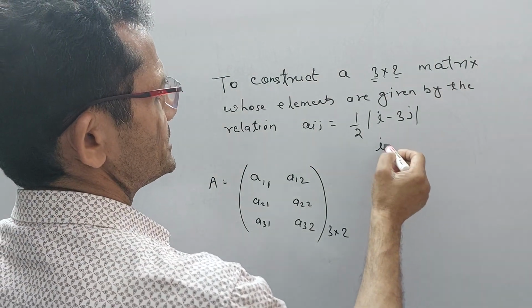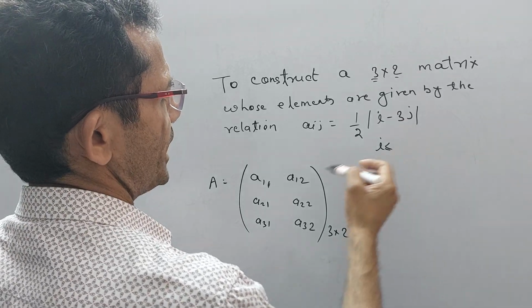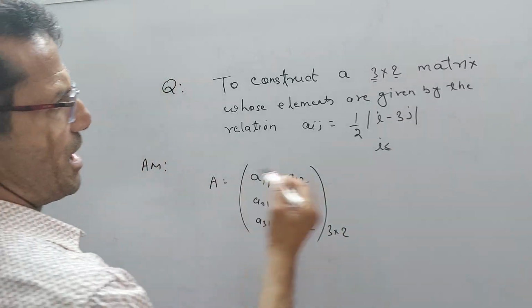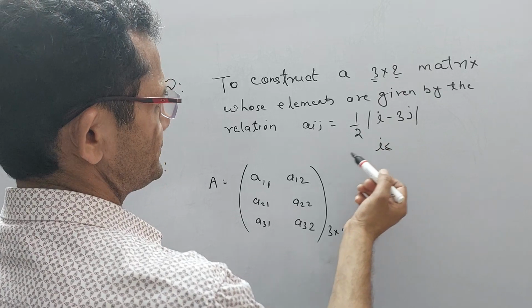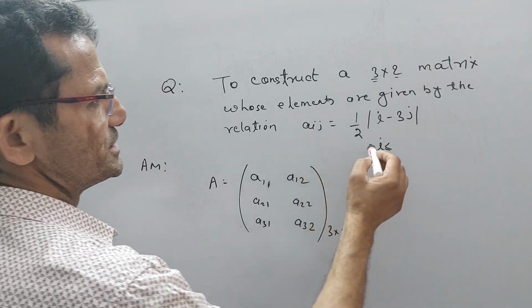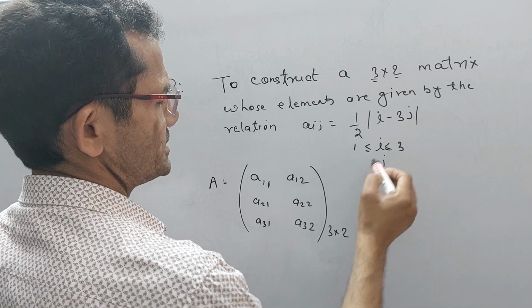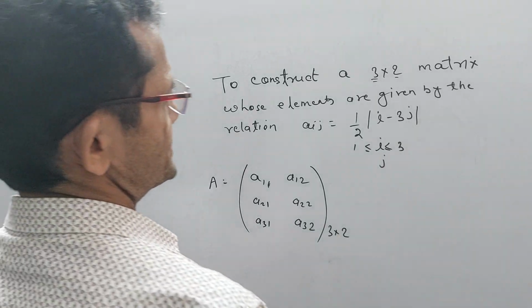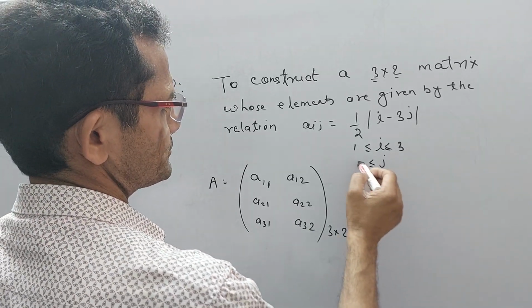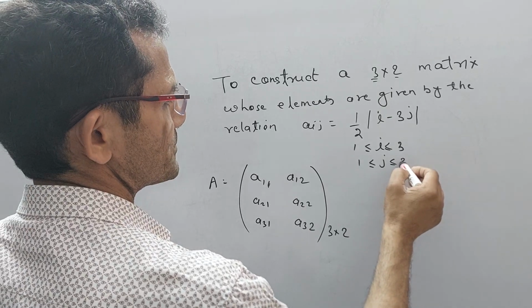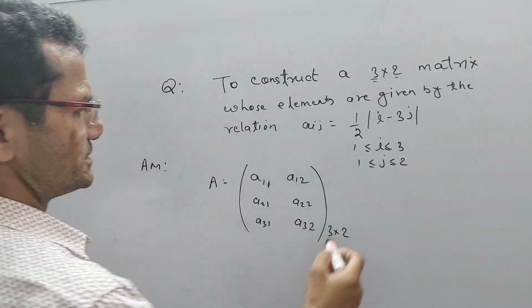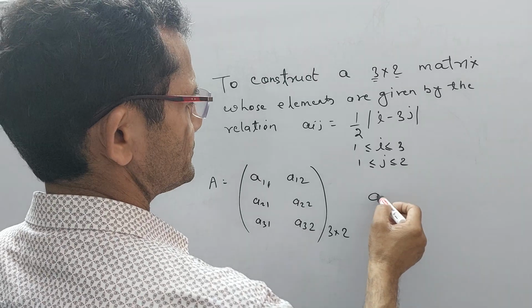Here i goes from 1 to 3, related to the rows, and j goes from 1 to 2. Now the first element would be a11.